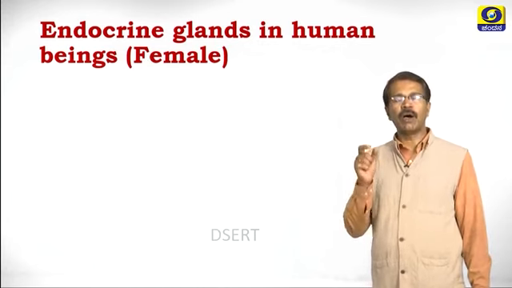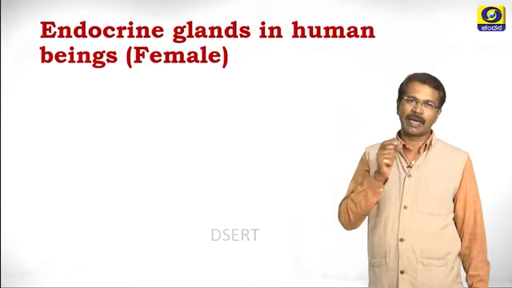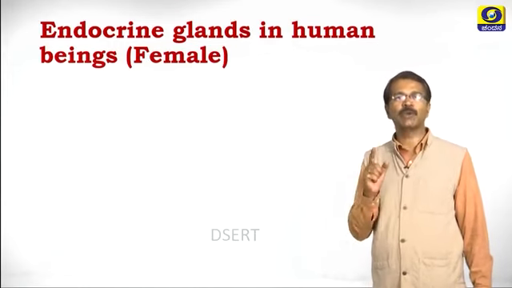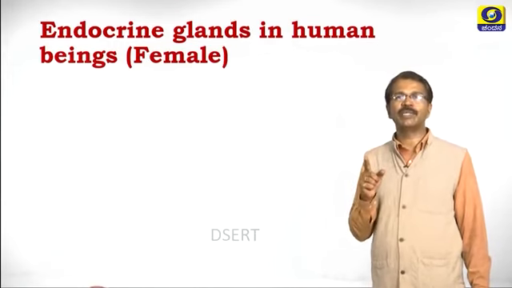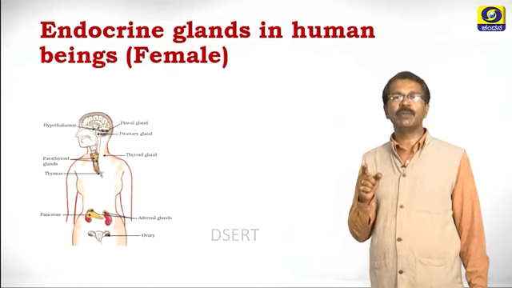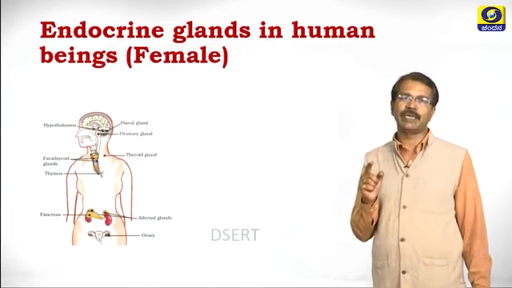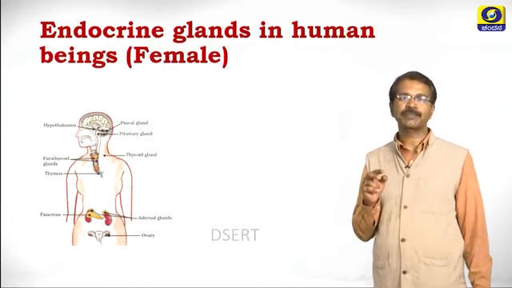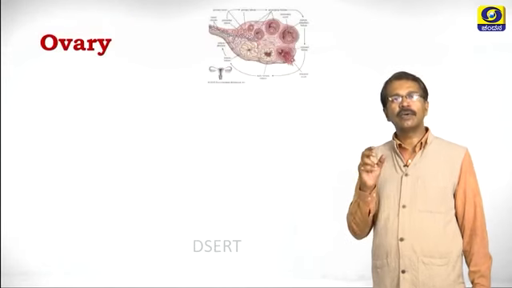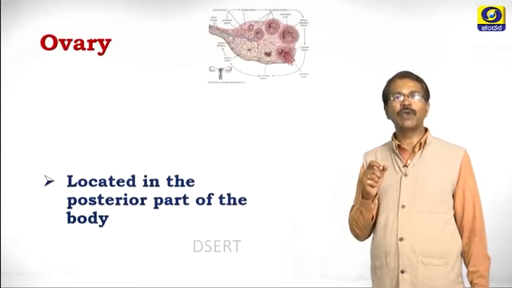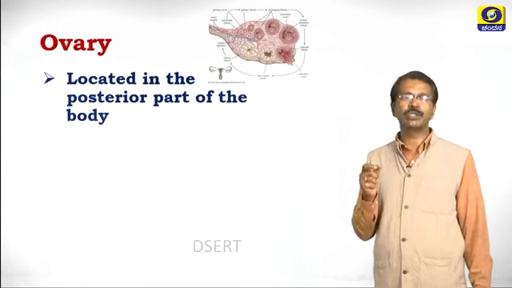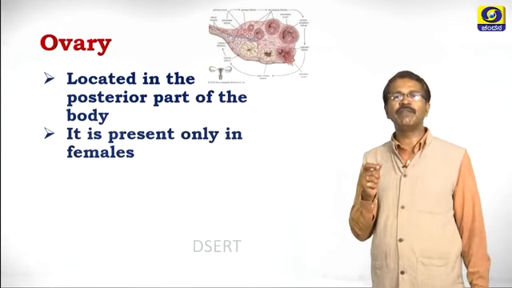In females, all other endocrine glands are present as in case of males, except one: testes are absent, but in case of females, ovaries are present, a pair of ovaries. Now, what is the function of this ovary? Where is it located? It is located in the posterior part of the body and in the pelvic region.